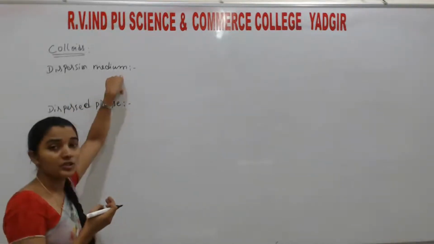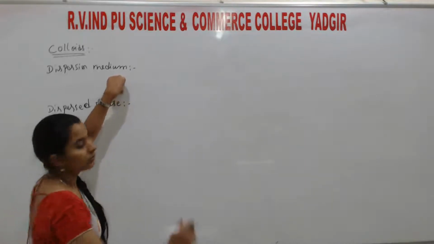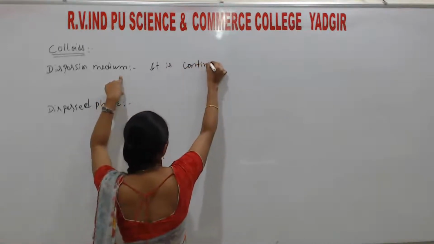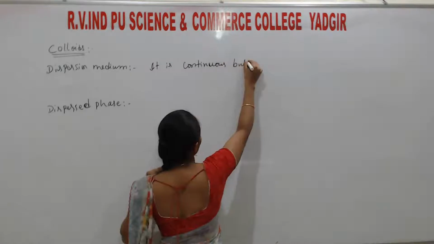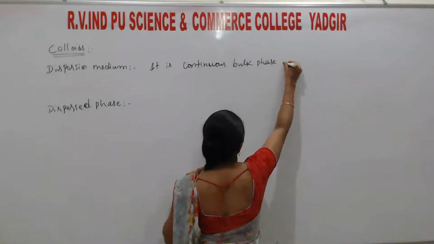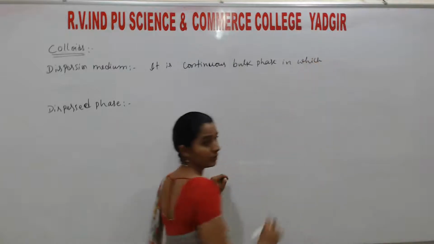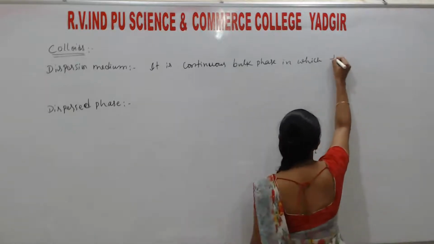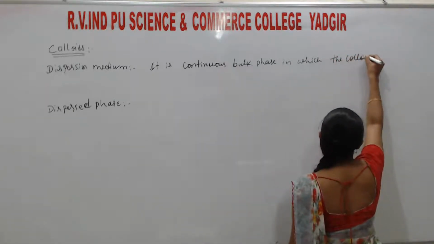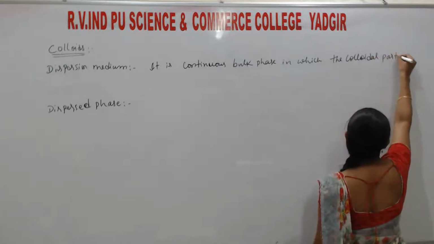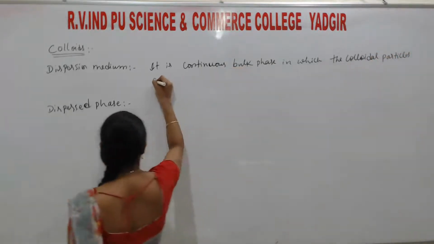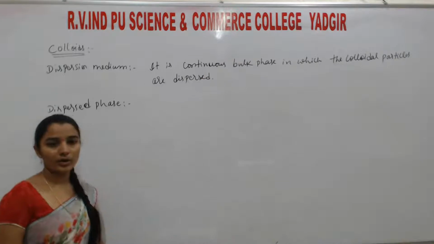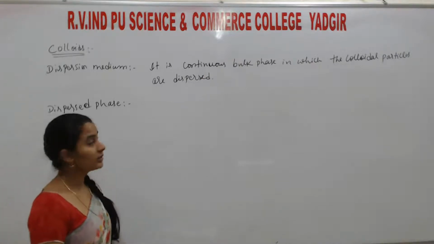What is this dispersion medium? It is the continuous bulk phase in which the colloidal particles are dispersed. That is called the dispersion medium.